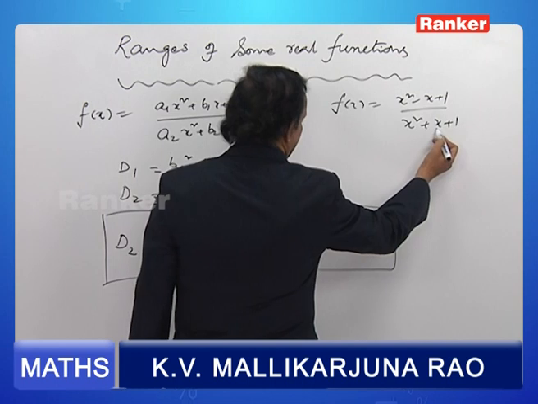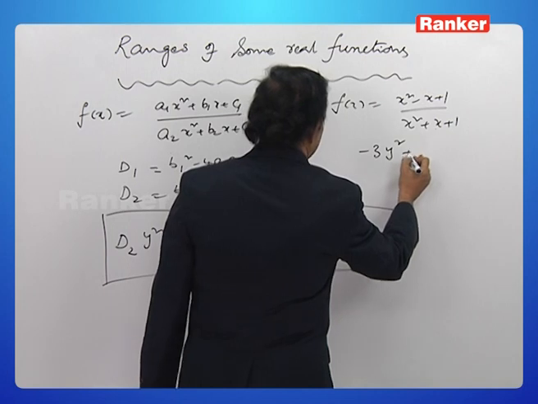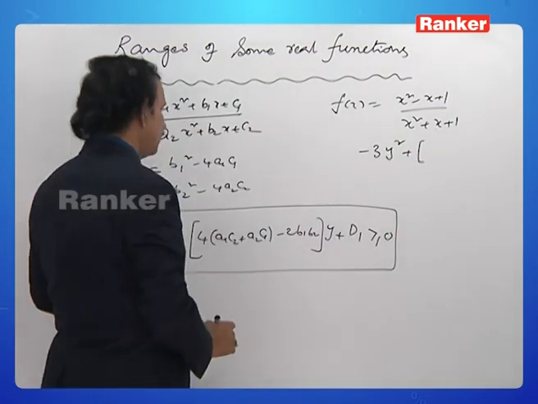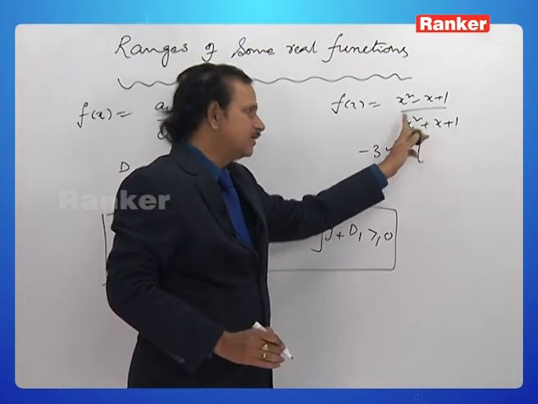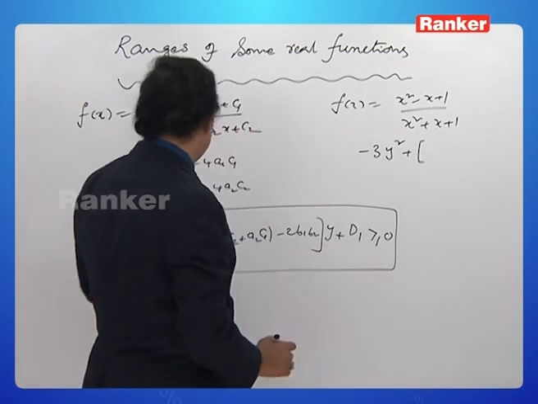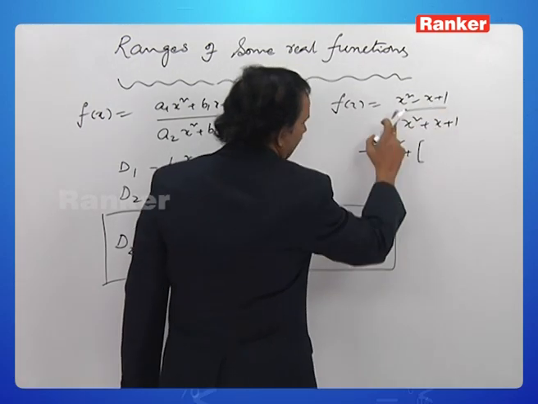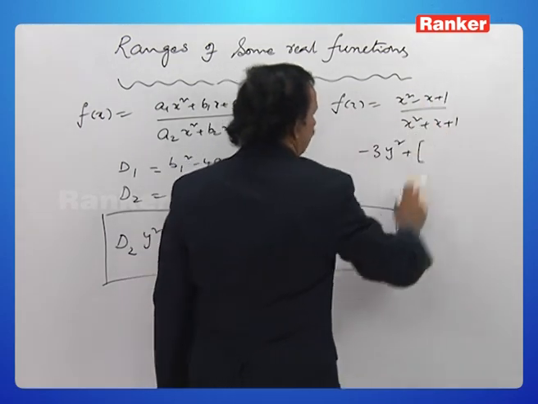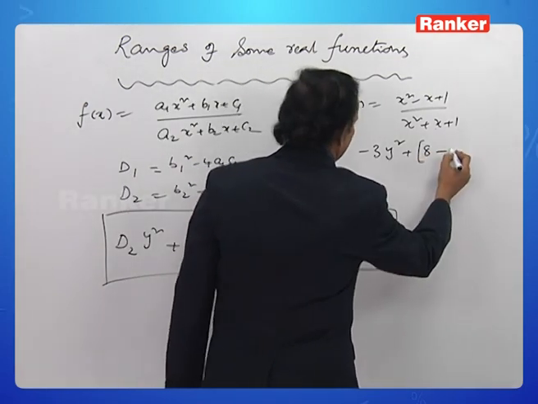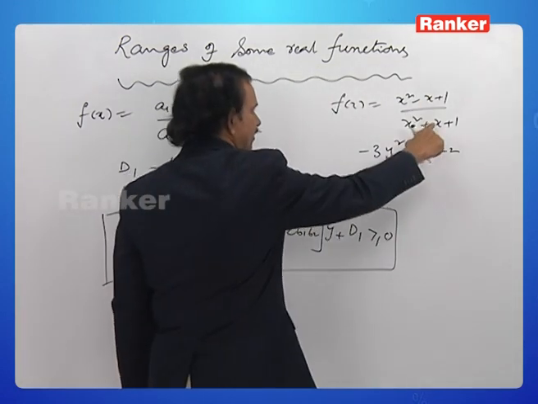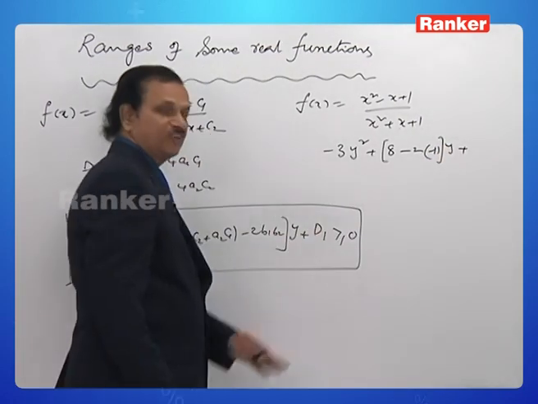What is that? b square, 1 minus 4, is minus 3, into y square, plus 4 into a1c2 plus a2c1. Think of 1 into 1 plus 1 into 1, how much? 2. 4 into 2 is 8, minus 2 into b1b2. What is b1b2? Minus 1, into y, plus the discriminant of the numerator.